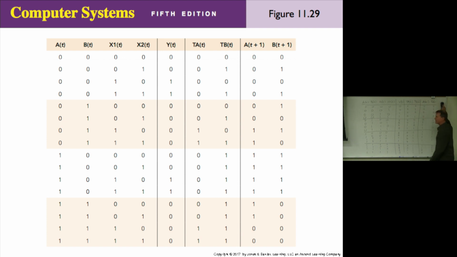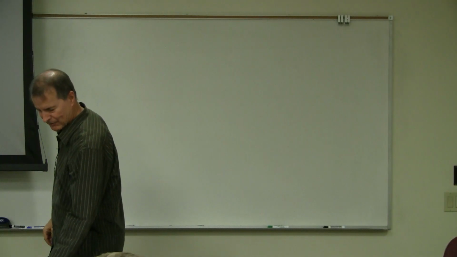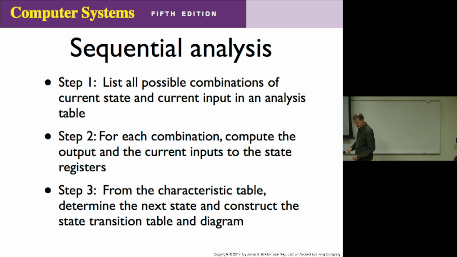Okay, so now, since this table is up on our slide after we did all this work, going back to our bullet list, what do we have to do? We constructed this from the characteristic state, we determined the next state, so now we have to construct the state transition table and diagram.